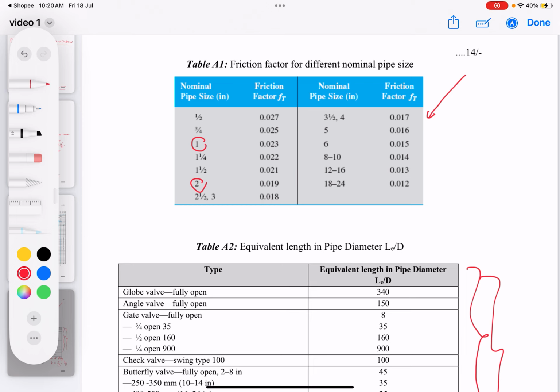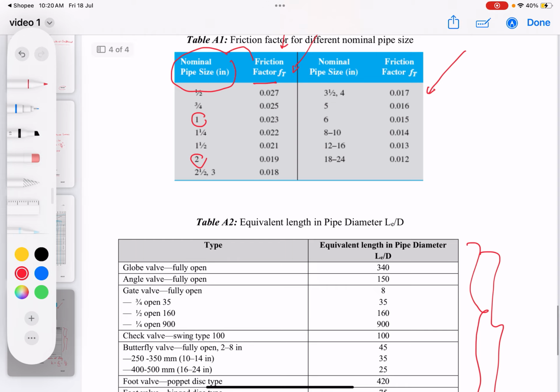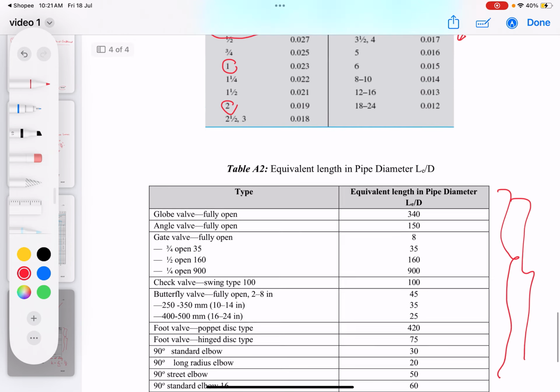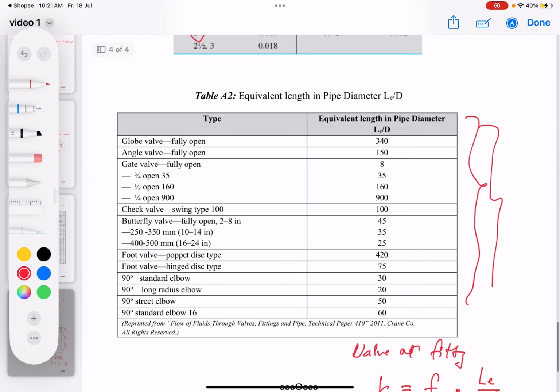From here you can determine the value of the friction factor, which is FT. It is not the same as F, but it represents the friction losses due to the pipe sizing. So this one is just using Table 4.1.